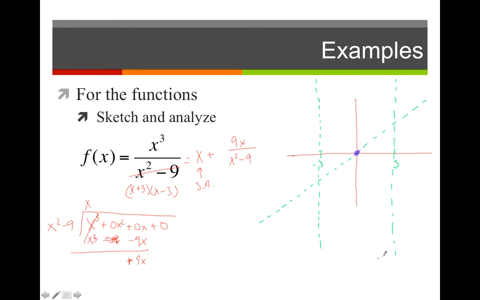So I can say it's like positive 2.9. And if I plug in positive 2.9, I would notice that that answer comes out negative. So that means this is going to follow this asymptote like that. And if I plugged in something close to negative 3 on the right-hand side, I would say negative 2.9. I would find that that answer comes out positive, and it's going to follow my asymptote like that.